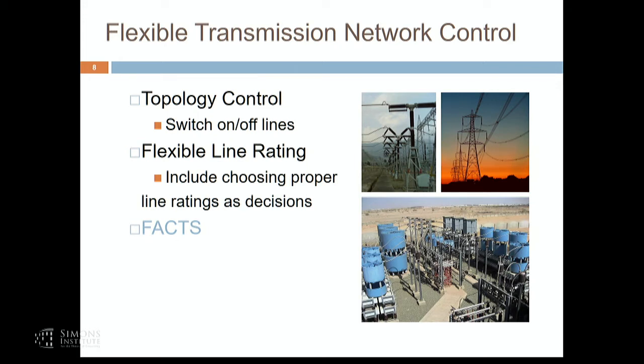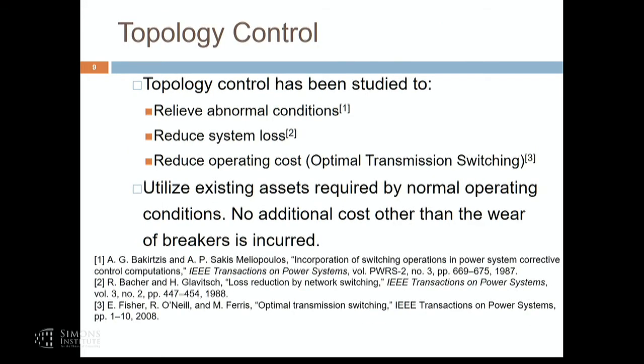There are FACTS devices that I'm not going to talk about now because that's new equipment that requires a lot of investment. So we are going to focus on just trying to mobilize the existing grid and make it perform more flexibly. So let me start with topology control.